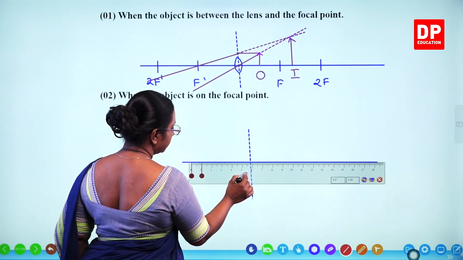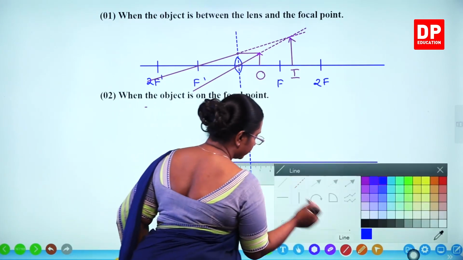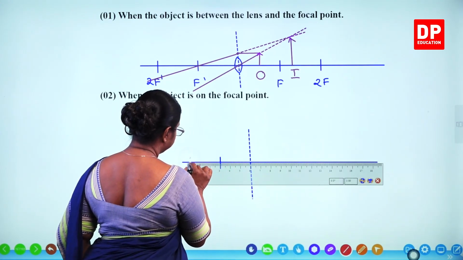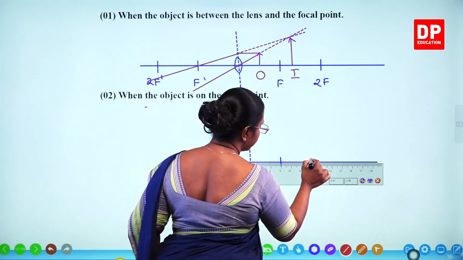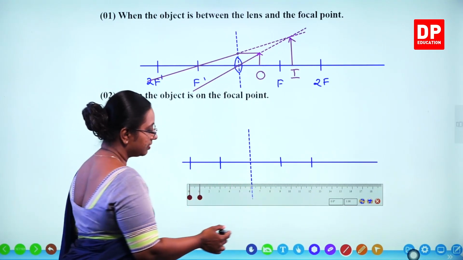Then we need to mark the focal point and center of curvature. So here we will take it as 3. Now I am using different values for the focal point and center of curvature.